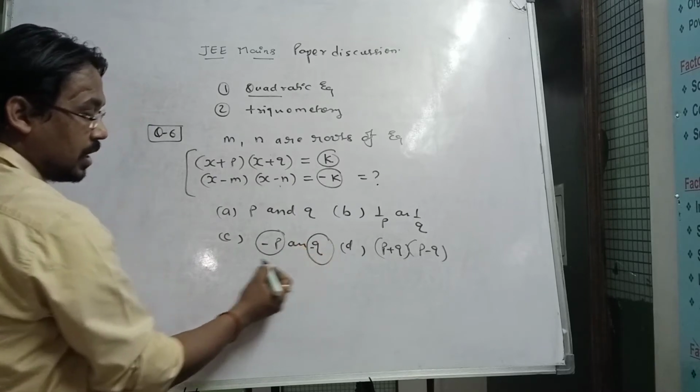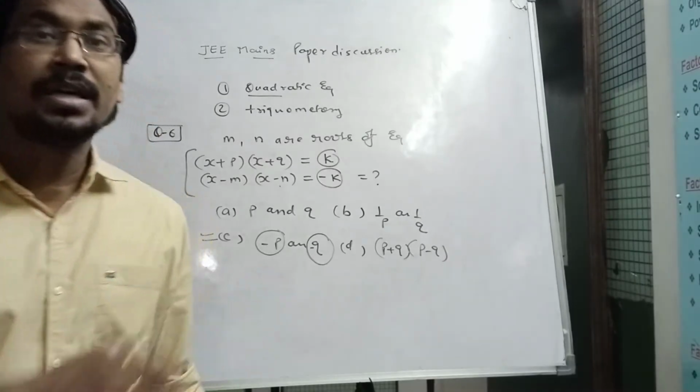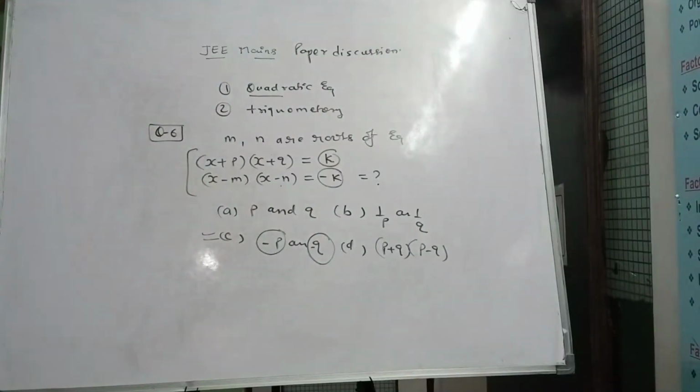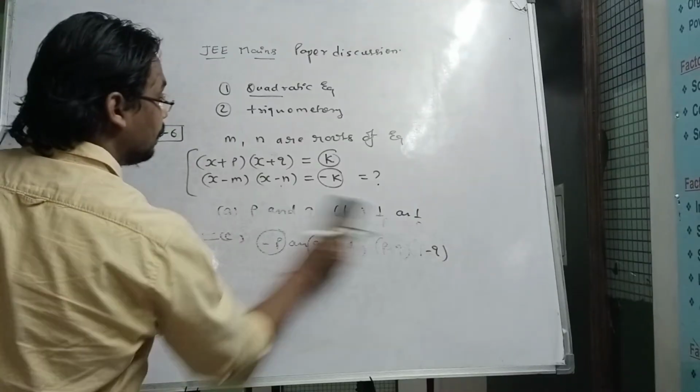So option C is correct: minus p and minus q is the right answer. Next we will go through the second question.